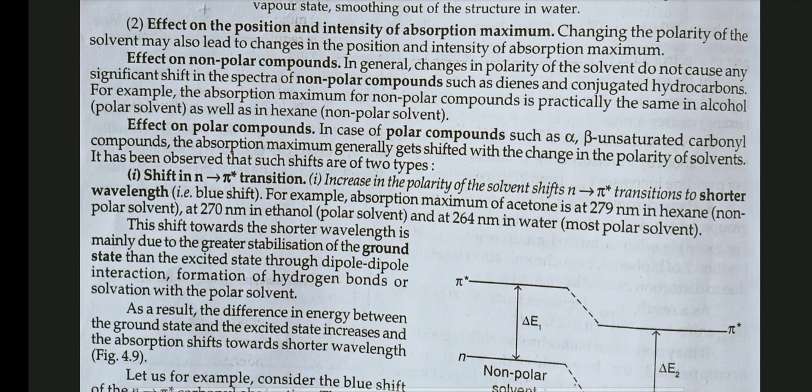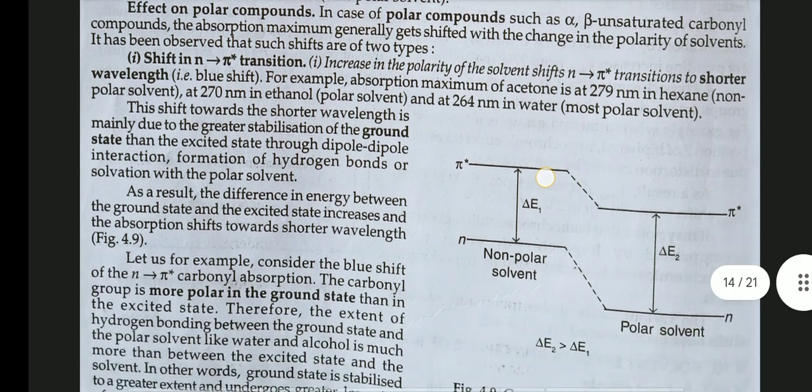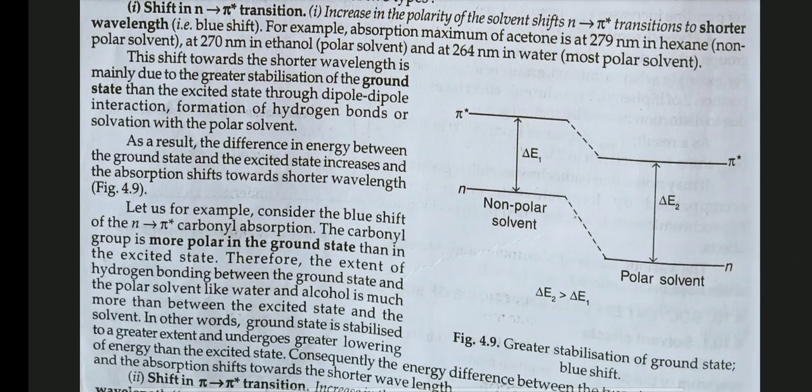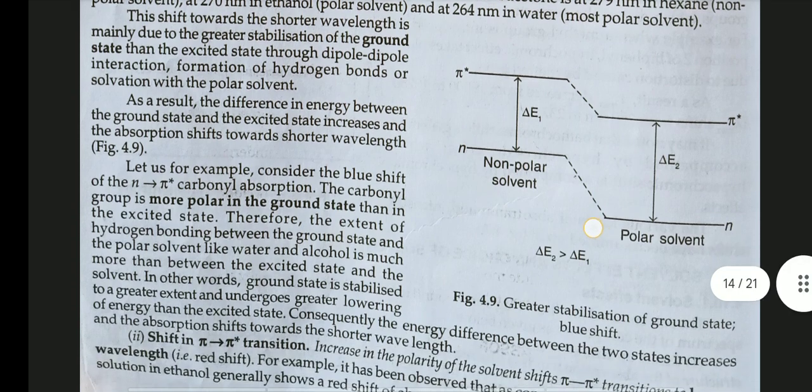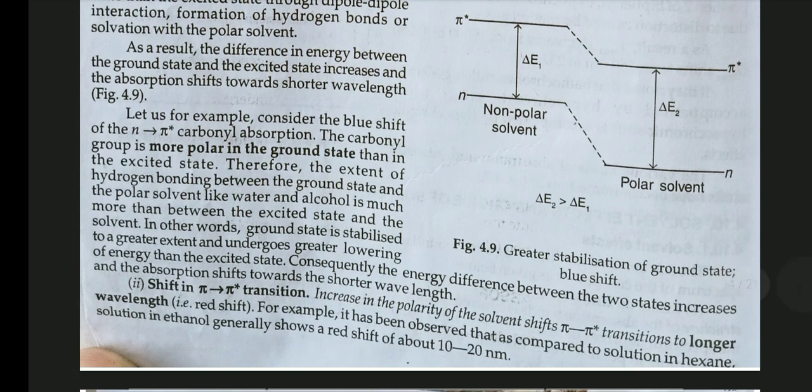This shift towards the shorter wavelength is mainly due to greater stabilization of ground state than the excited state through dipole-dipole interaction, formation of hydrogen bond or solvation with the polar solvent. As a result, the difference in energy between the ground state and excited state increases and absorption shifts towards shorter wavelength. Let us, for example, consider the blue shift of n to pi star carbonyl absorption.